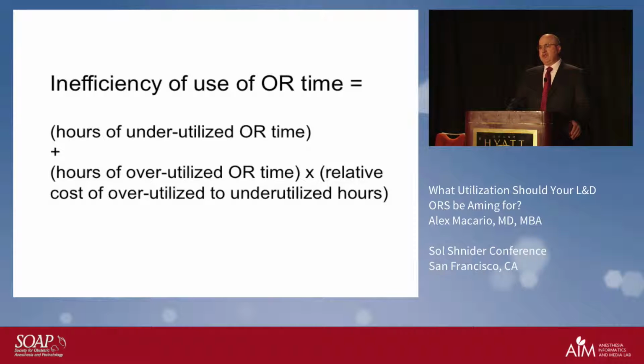So if the operating room was perfectly run, it would always finish at 3 and never would run late, never would run early, and then there'd be no inefficiency of OR time. Obviously that doesn't happen. So the goal of the OR manager is to try to minimize the rooms that finish early and minimize the rooms that run late, understanding that a room that runs late is more expensive to the system than a room that finishes early.